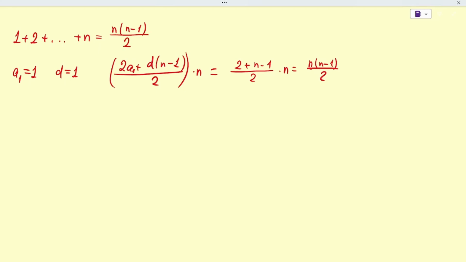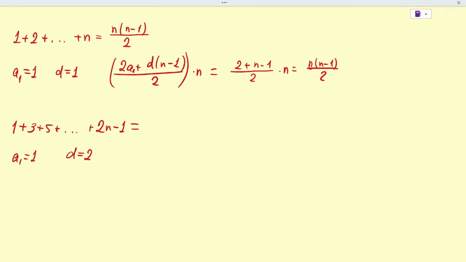A slightly harder application is when we have the sum of the first n odd numbers: 1 plus 3 plus 5 and so on, up to 2n minus 1. In this case, a1 is still 1, but d has changed, and d equals 2.